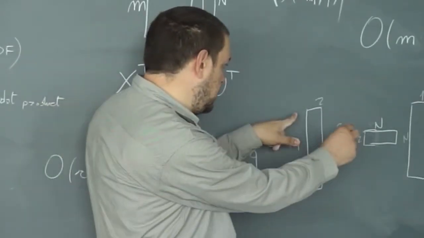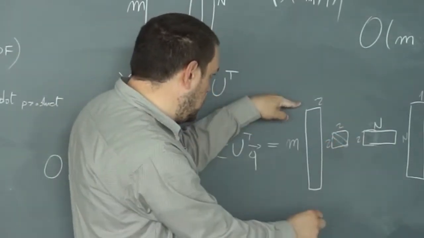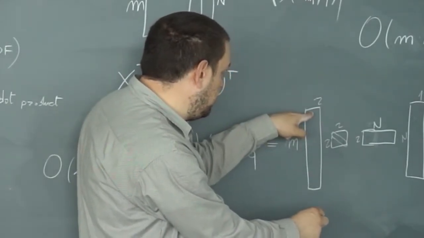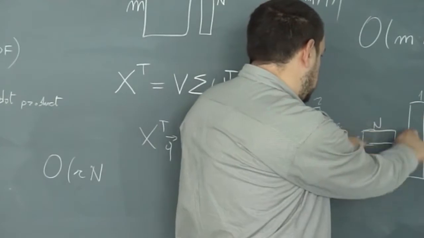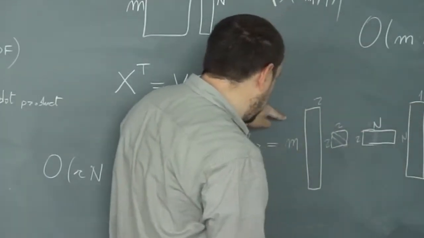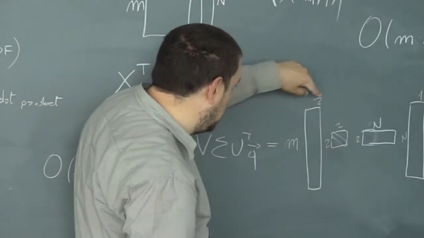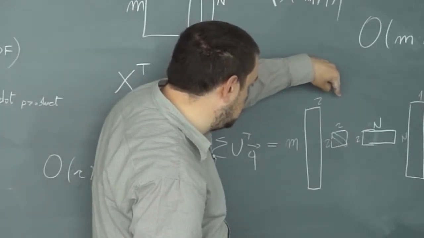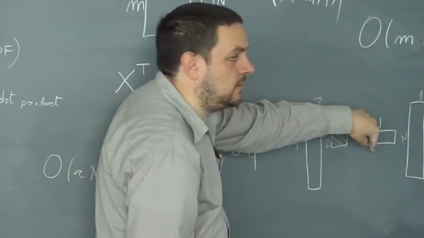And finally, this N by R is multiplied by an R by 1.